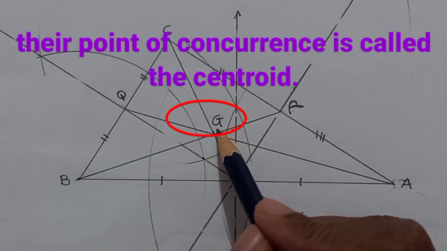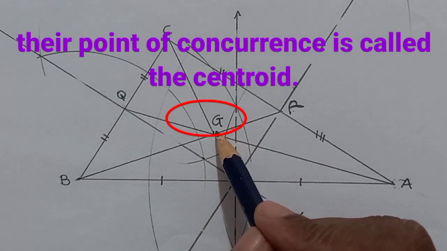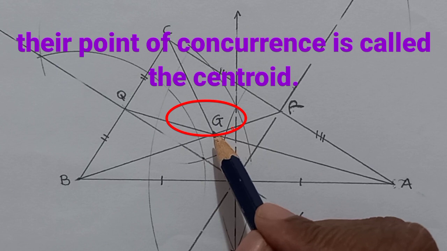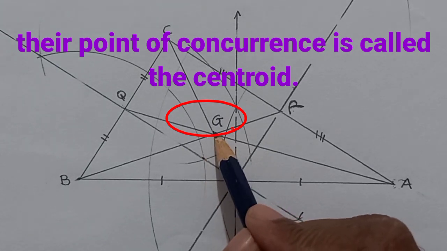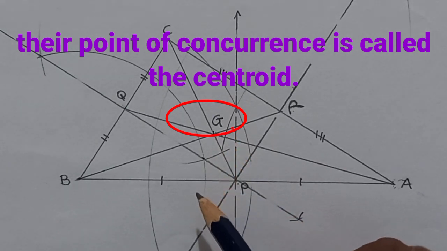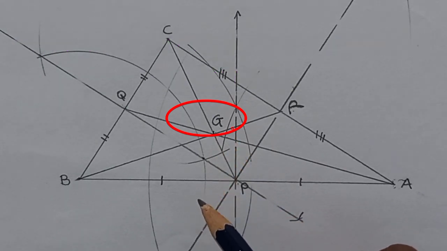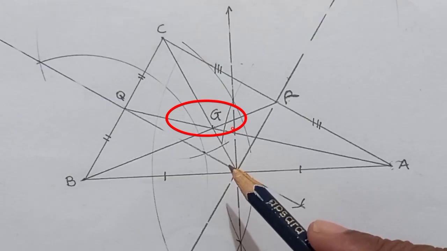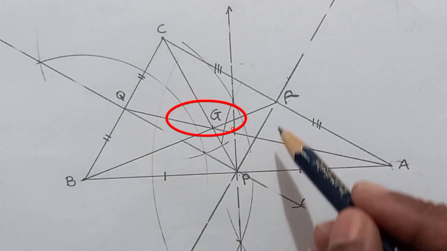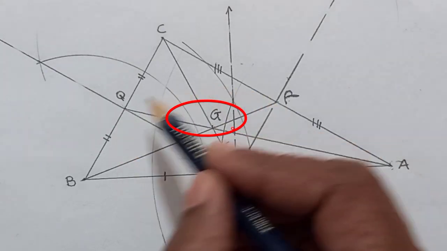The point of concurrence is called the centroid. Here it is denoted by the letter G. Note that for all types of triangle, the location of G is in the interior of the triangle.